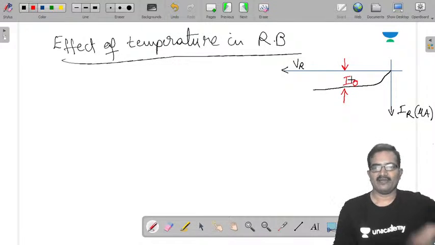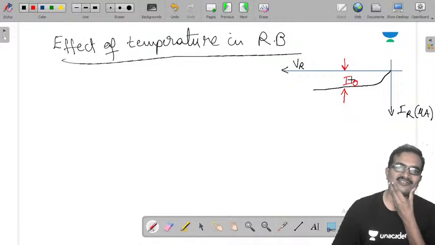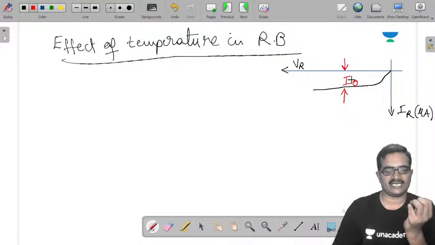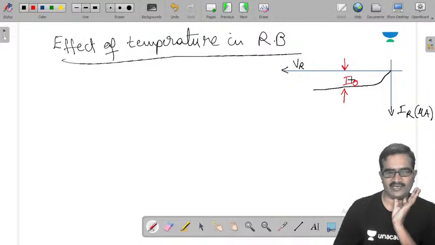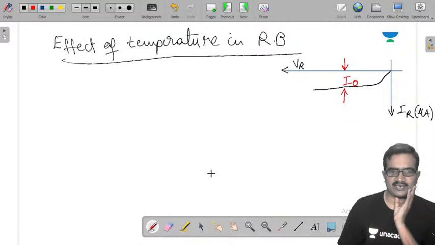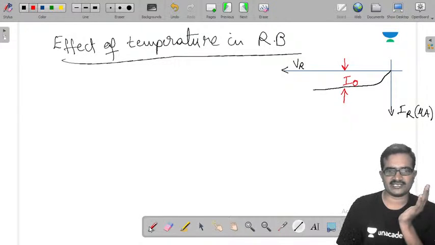We know that in reverse bias we are getting a small current. Why is it so? Because there are very few minority charge carriers. Once minority charge carriers cross the junction, we get the current.